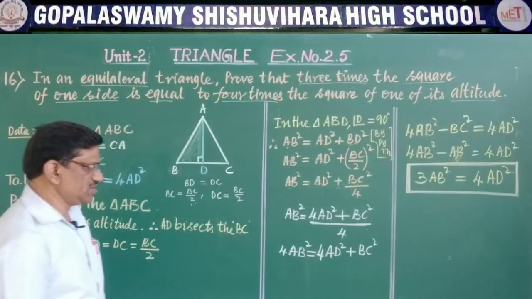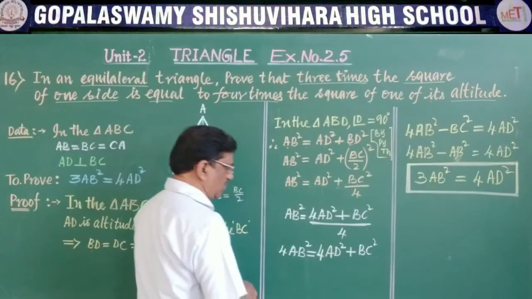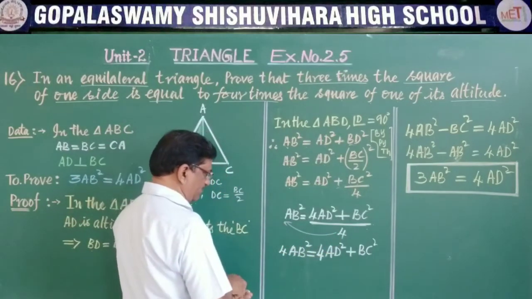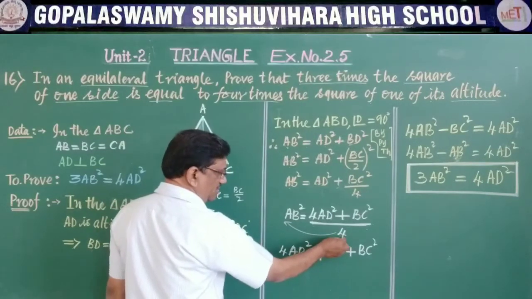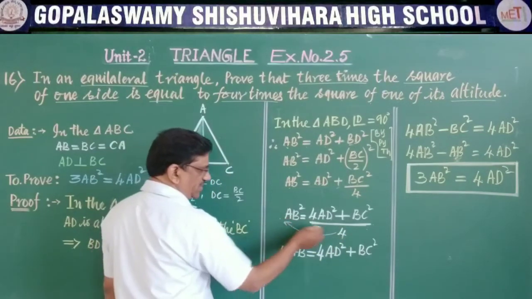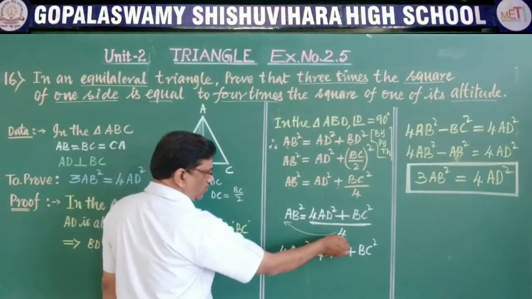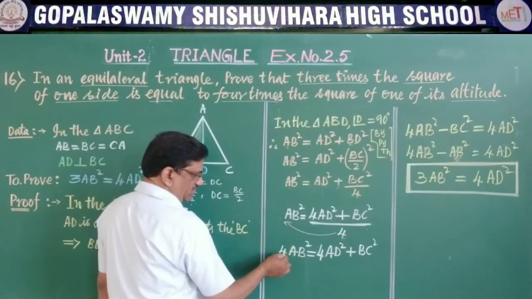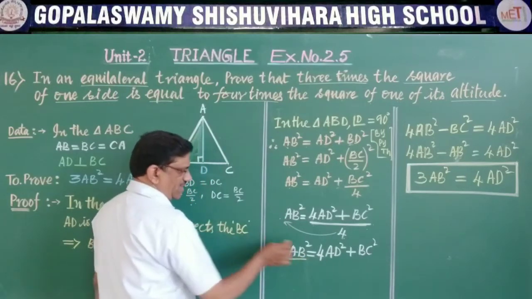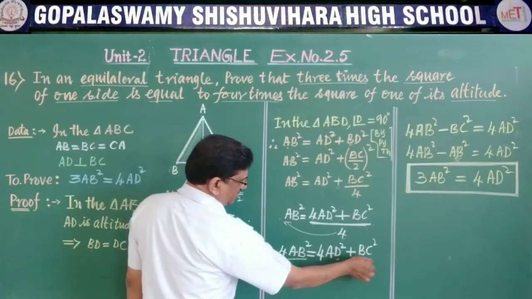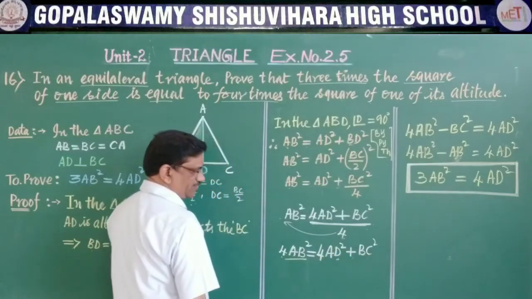Clear, children? So now you send this 4 to this side. Then 4 division becomes multiplication when it is sent to the left side of equals. Then it becomes 4 AB square is equal to 4 AD square plus BC square. Clear, children?